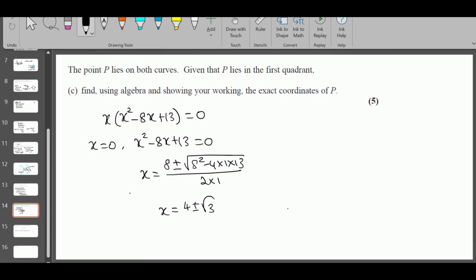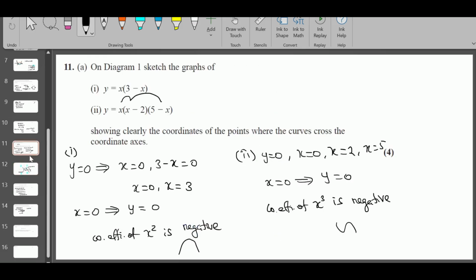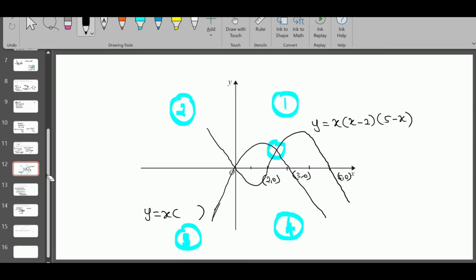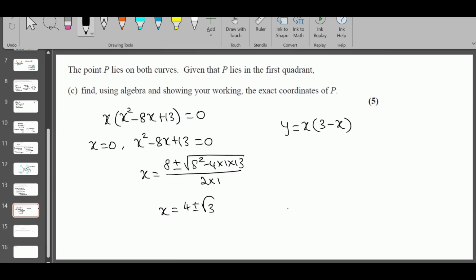So now let me take one of the functions, x times (3 minus x), the quadratic. The quadratic was actually 3 minus x, not x minus 3. So when I sub in the first quadrant 4 plus root 3, I'm going to get y is equal to x times (3 minus x).